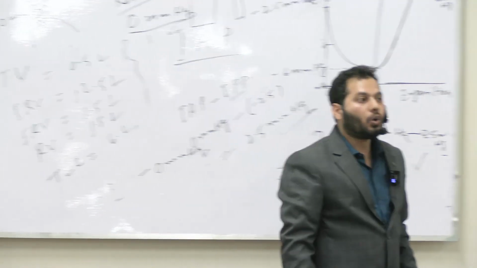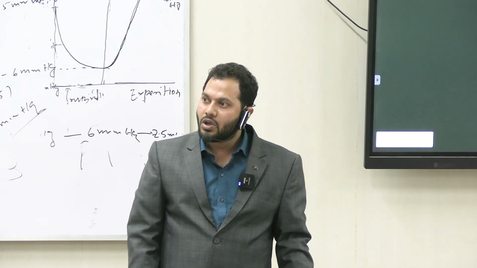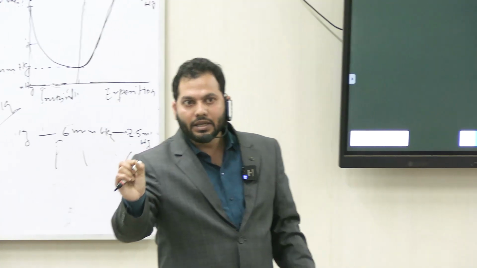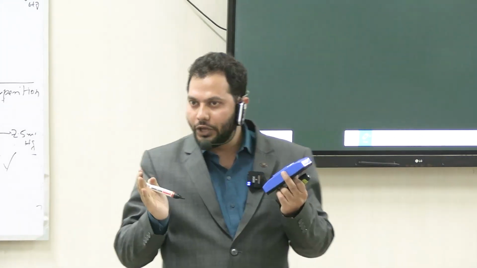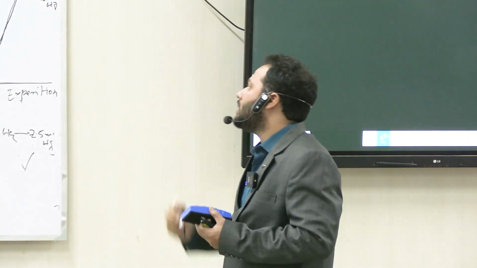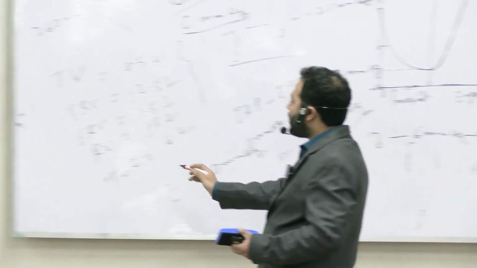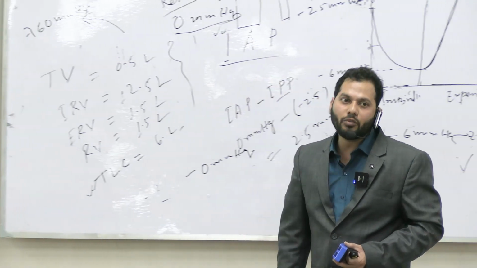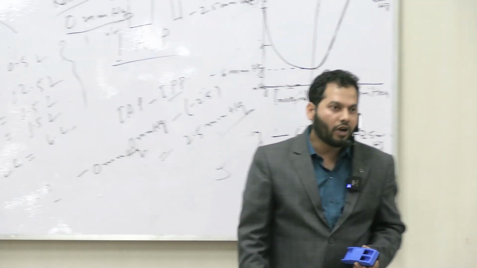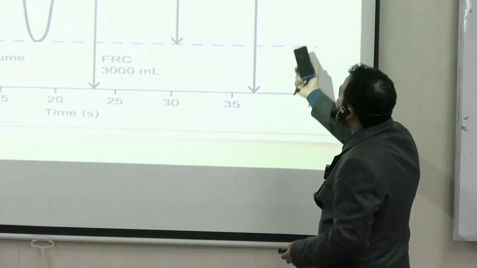This is the total lung capacity, right? So capacity is the sum total of the lung volumes. So what are these volumes? These are tidal volume, inspiratory reserve volume, expiratory reserve volume, then residual volume, and finally the capacity, which is calculated using a formula, the sum total of volumes.